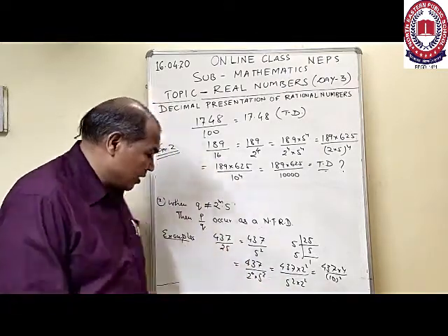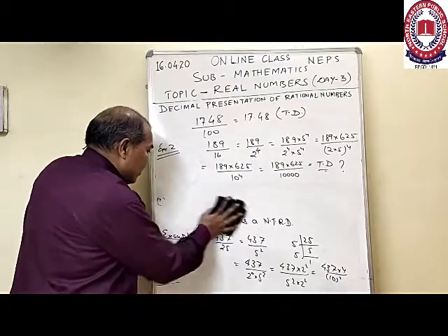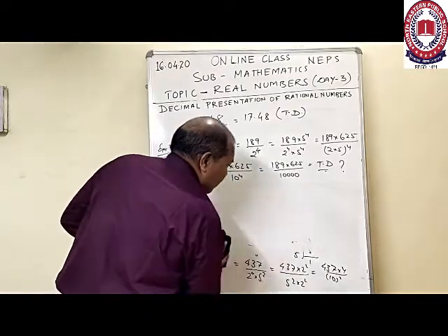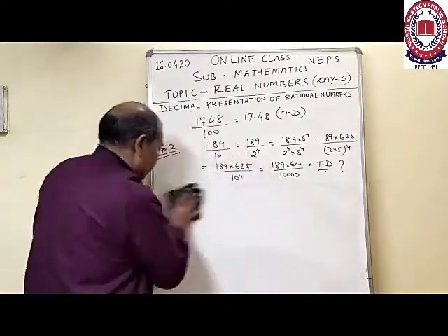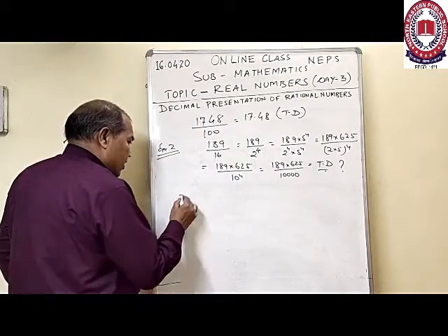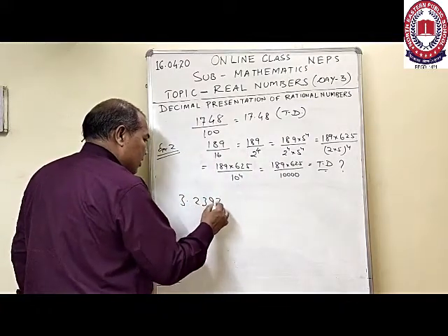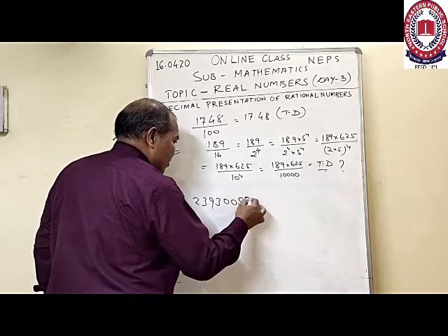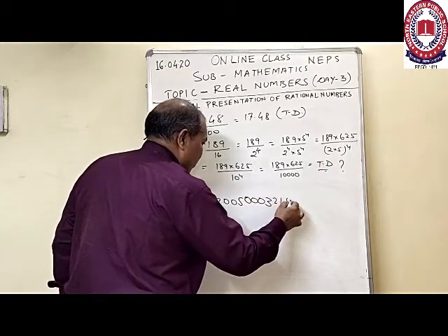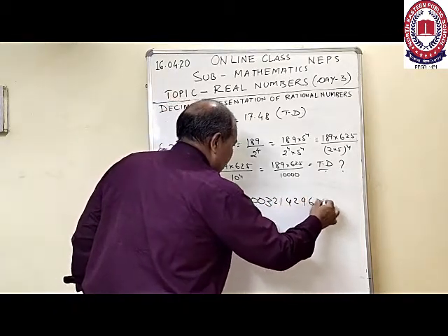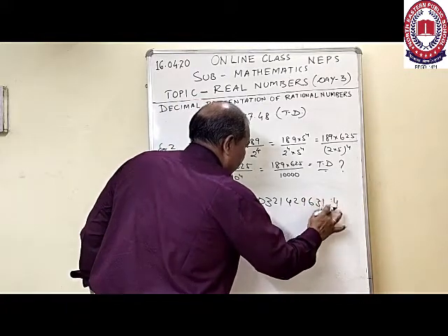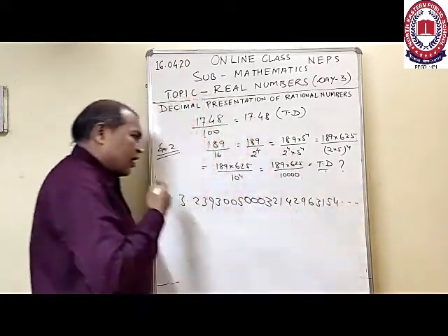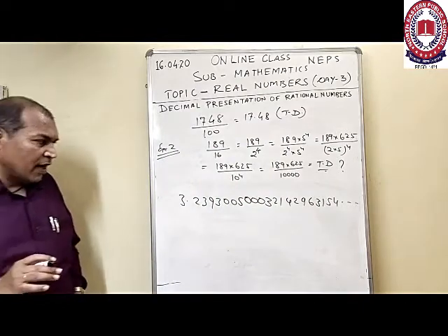So wherever we see these kinds of numbers, like 3.239930003214296315. Anyway, whatever digit comes to your mind, you please write there.